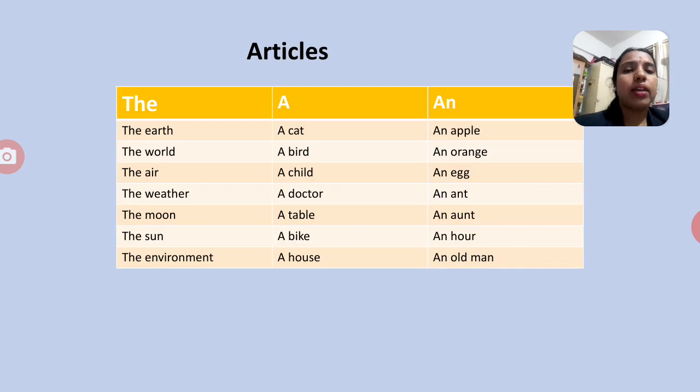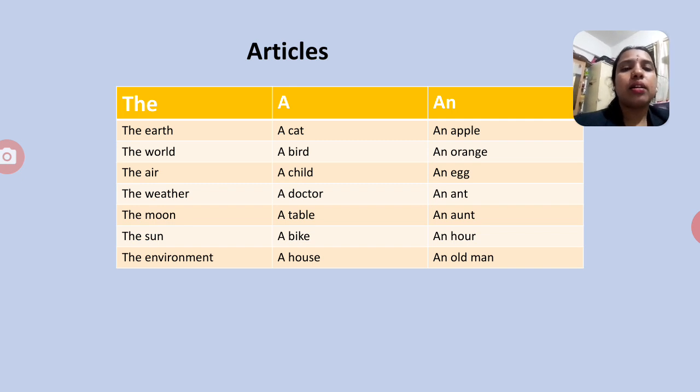Now, I have given you a few examples of articles that you can note down in your notebook also, and you can refer to them for practice also. The, a and an. These are the examples I have given you. Please note them down in your notebook and revise.